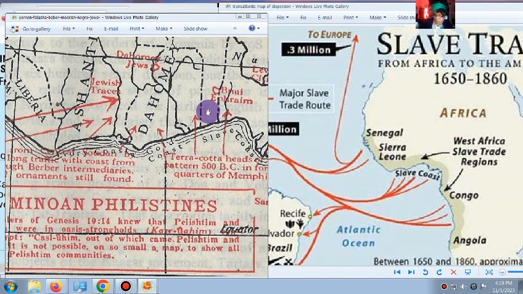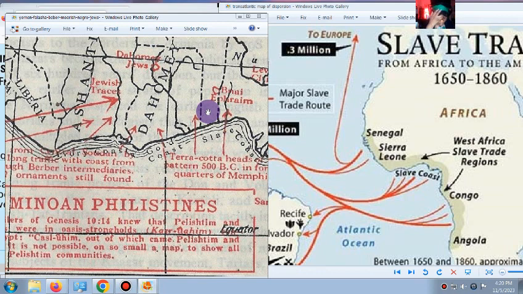So now I'm going to go to a book called The Holocaust for Beginners. Now this is probably more like talking about the Arab slave trade. Look what they did to these young men. They were worse than the transatlantic.